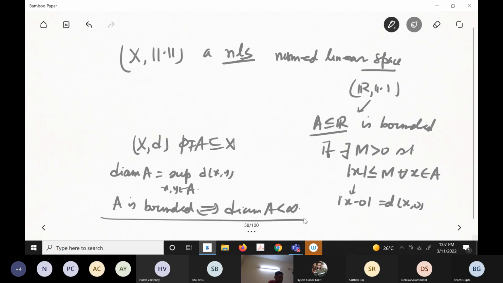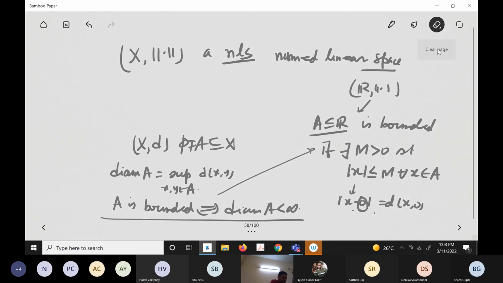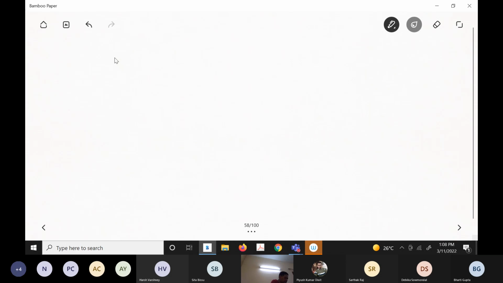I think I gave you a result to prove as an exercise. Here the difference is that in R we are taking a reference point 0. If you have this, you can show that this definition also follows. That is what I gave you last semester; I gave you this result.